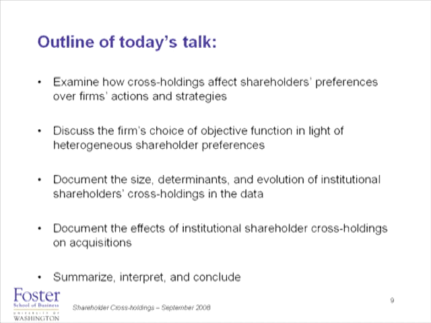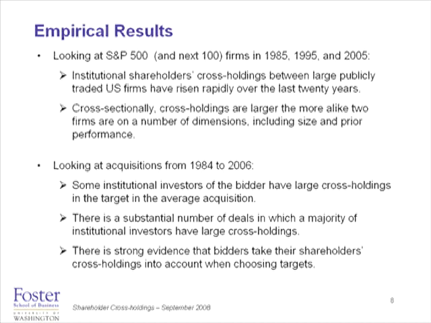The previous point you made, where you said they're more likely to make merger bids on targets that have cross holdings. But in your earlier statement, similar firms are likely to have more cross holdings. So then the question is, are acquisition targets picked that are similar?